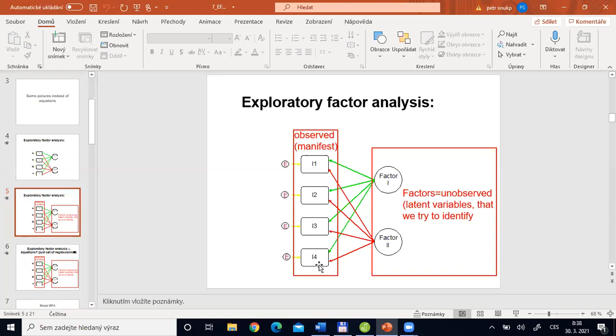Once again, this is a very simple case and not a realistic case for real computations. So ideally, we would use factor analysis for more than 4 manifest variables. That's only for you to remember, as the picture could be presented very easily on this slide. That's why I decided to choose a very simple picture.